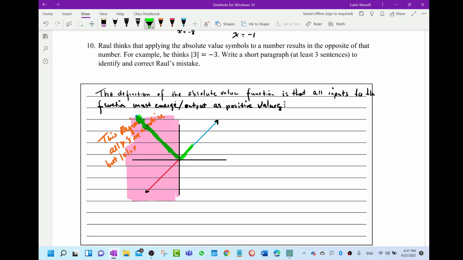You see, it can only take on positive values. It makes all x's positive. That's how I would explain it, and I'd call it a day. I don't know how you're supposed to write at least 3 sentences about it, to be completely honest. But let's stop there. That's number 10.